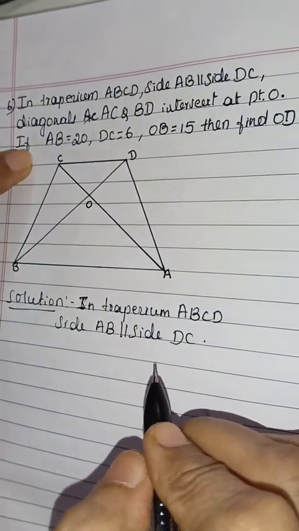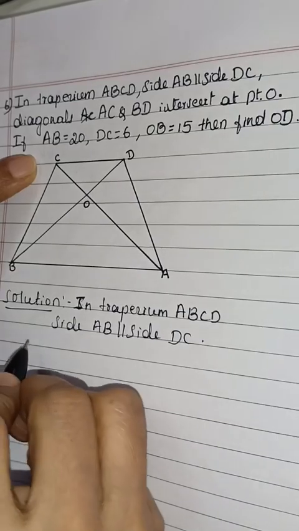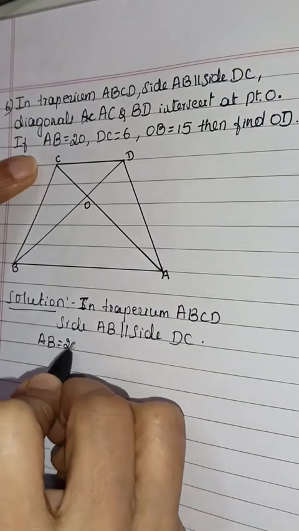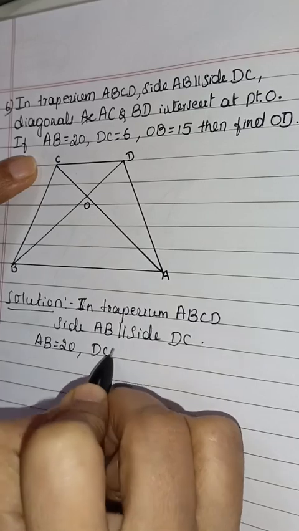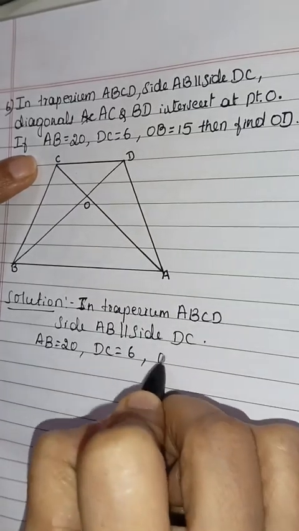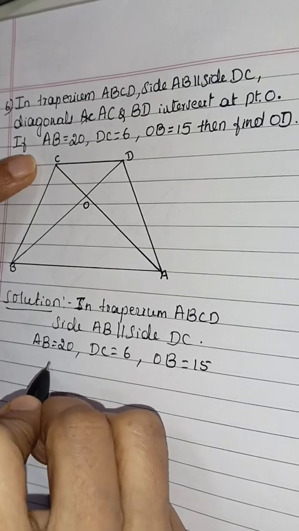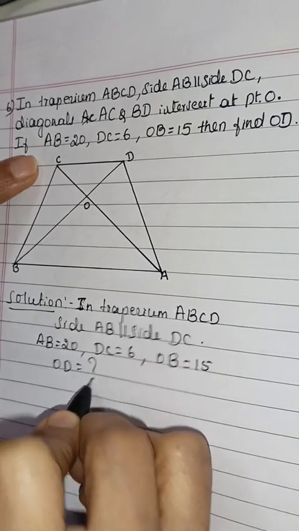AB is 20, DC is 6, OB is 15. We have to find out OD.